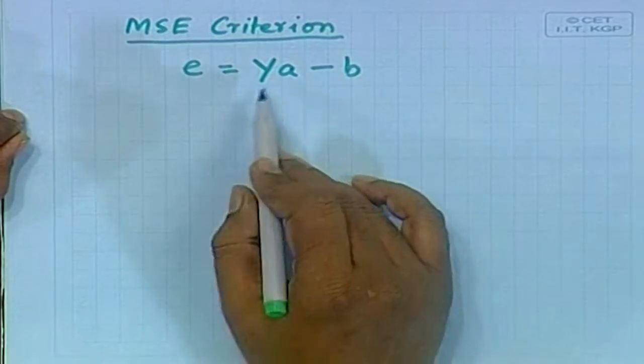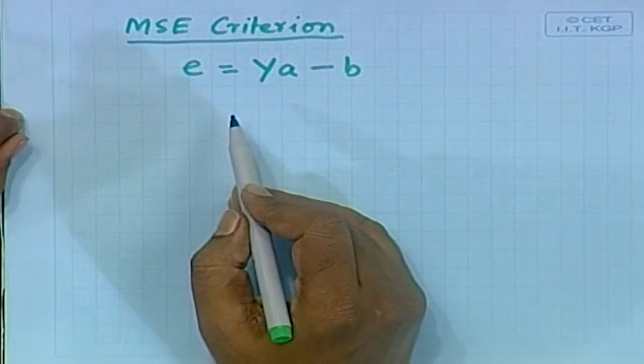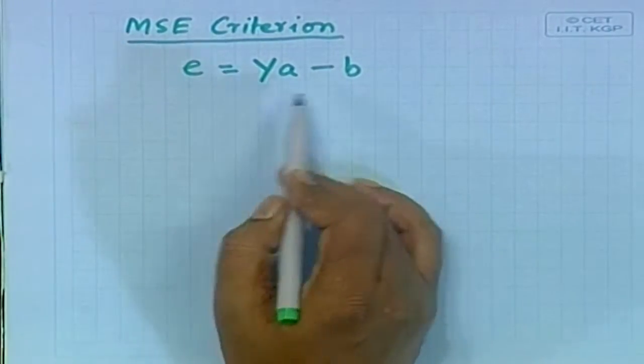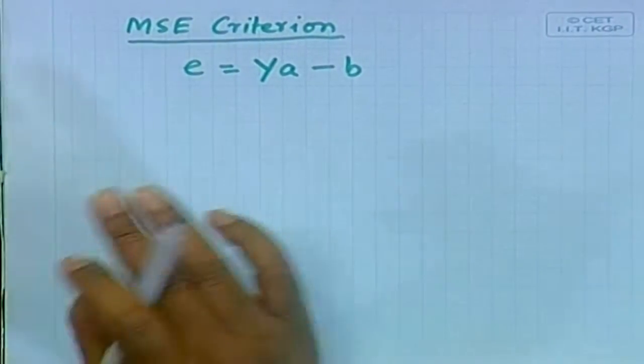So, for this MSE criteria, the aim is to minimize the square of this error.